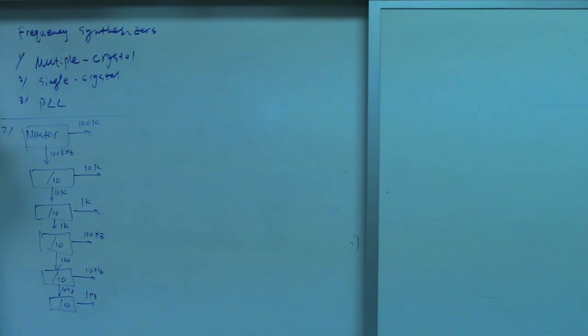Okay. Next, here we are going to use the multipliers, but we call it a harmonic generator. That means it generates multiples of the input frequency. For example, if you give me 1 hertz, I can get 2 hertz, 3 hertz, 4 hertz, and so on. It's called harmonic.